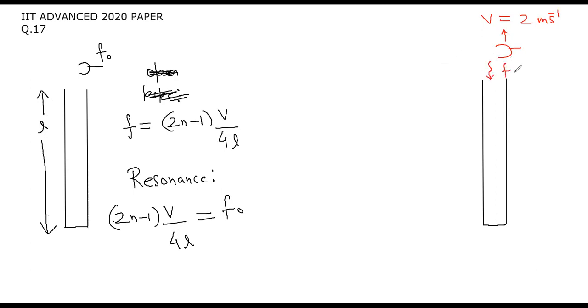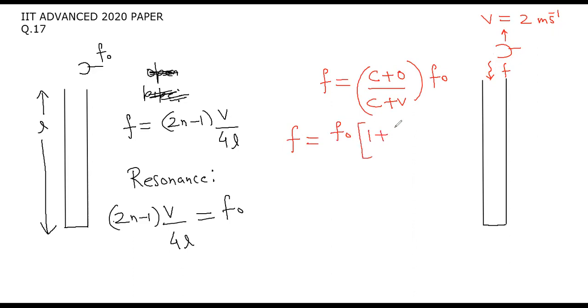So the apparent frequency for the pipe will now be (C plus 0) upon (C plus V) into f0, or f will be equal to f0 into (1 plus V by C) raised to minus 1, and that can be approximated to f0 (1 minus V by C).